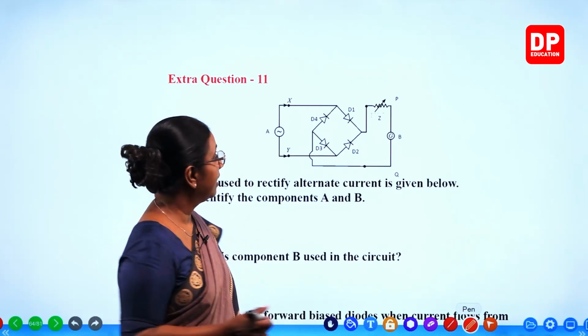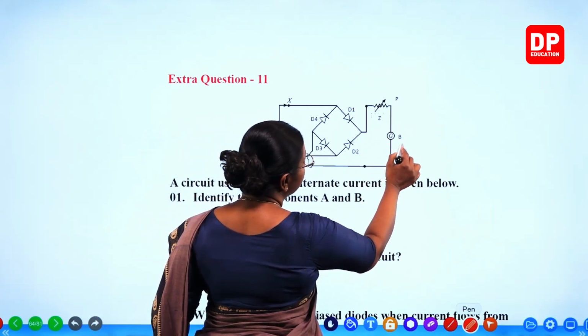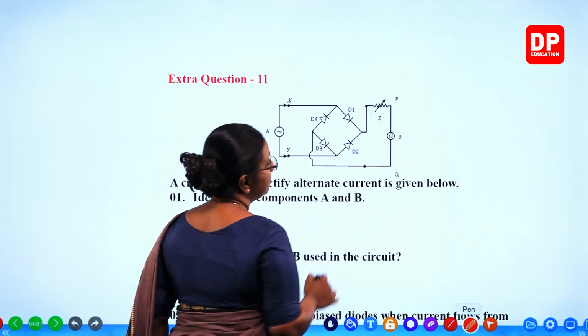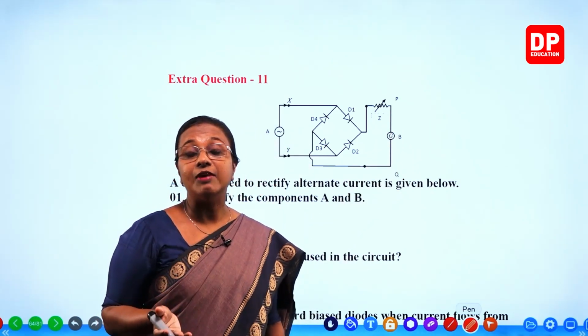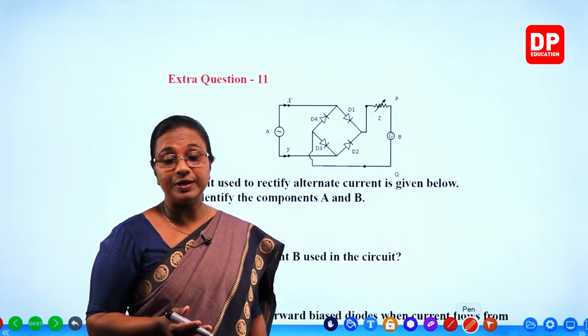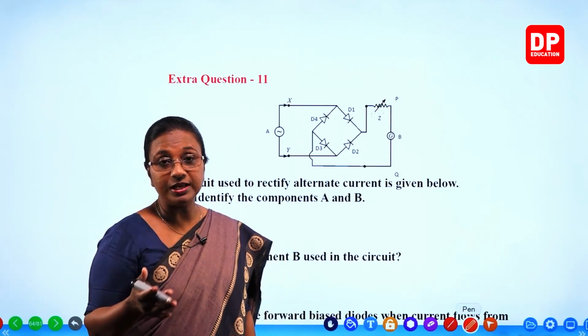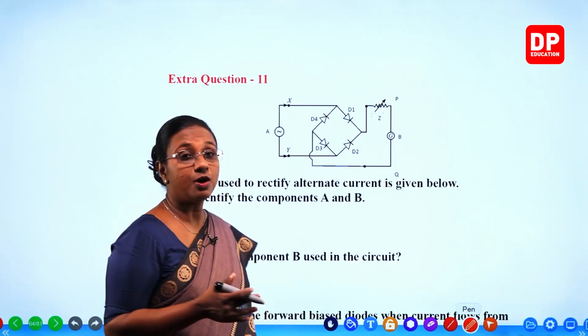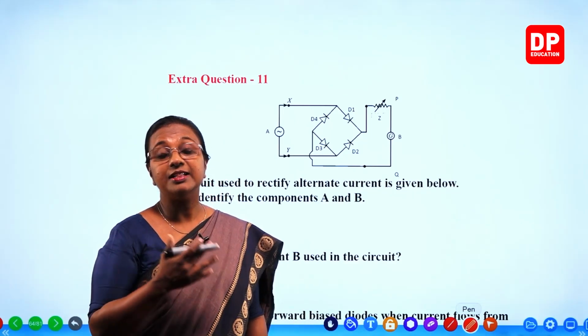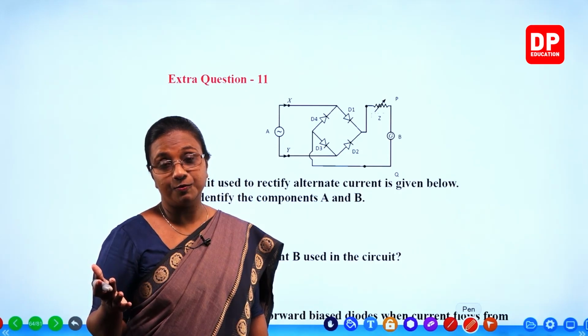Here you can see component B, which has the symbol G. That means it's a galvanometer, a center zero galvanometer. It is useful to measure the current flowing through the conductor, and also you can identify the direction of the current flow.